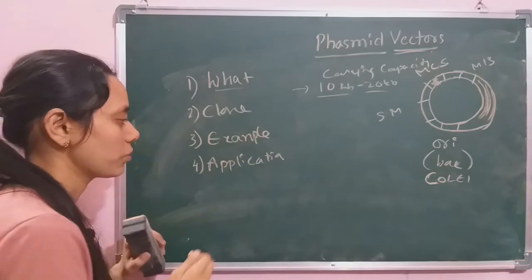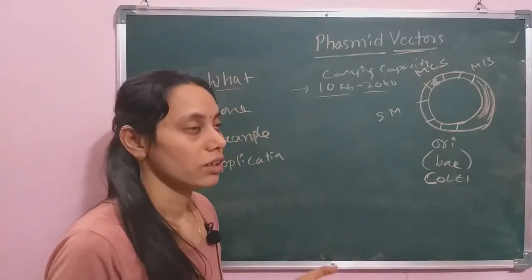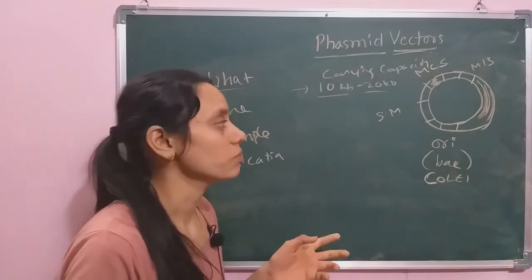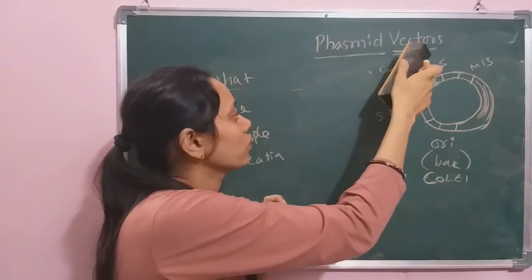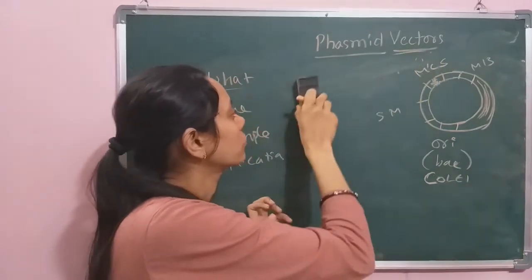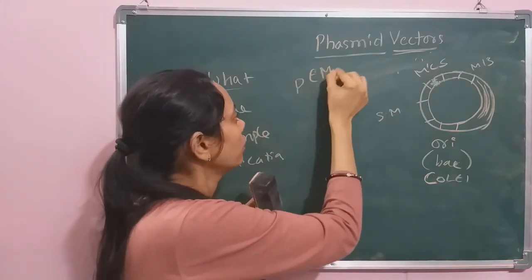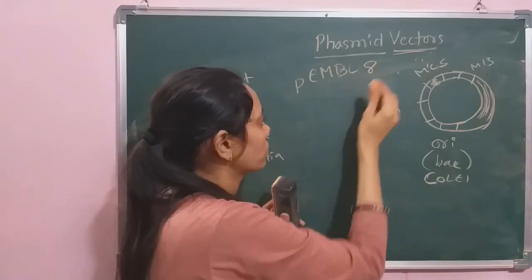Coming to the example, in order to understand how we select the recombinant cells, let us consider a popular example of a phasmid vector, that is pEMBL8.